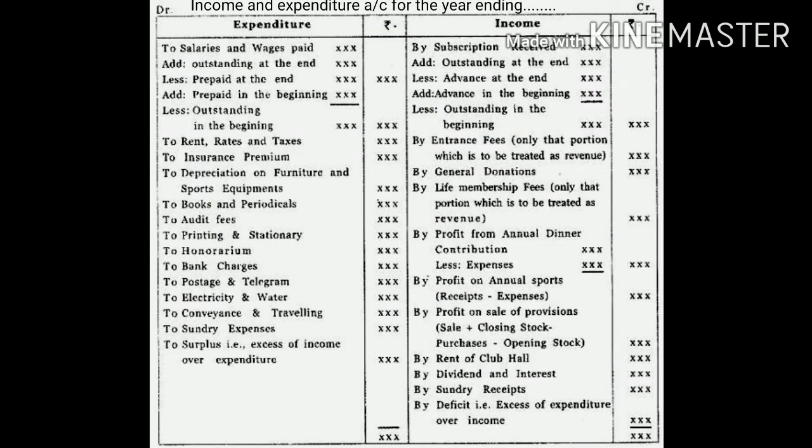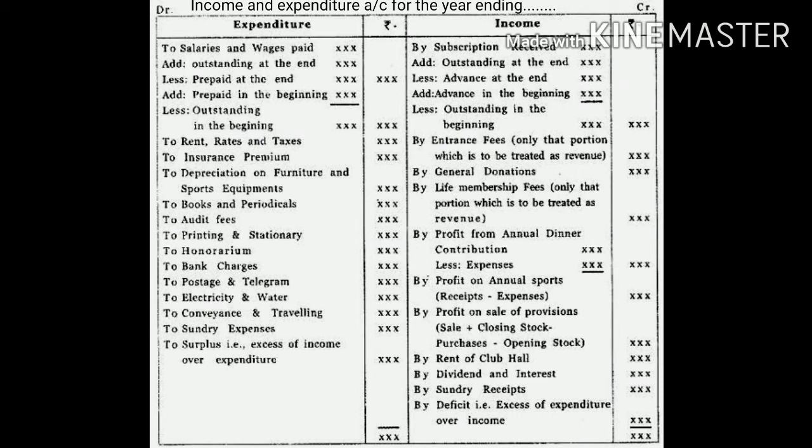Next, let's see the format of income and expenditure account. The format shows that the debit side is expenditure, the credit side is income. First, let's see the debit side, which is expenditures. To salaries and wages paid, add outstanding at the end, less prepaid at the end, add prepaid in the beginning, less outstanding in the beginning.